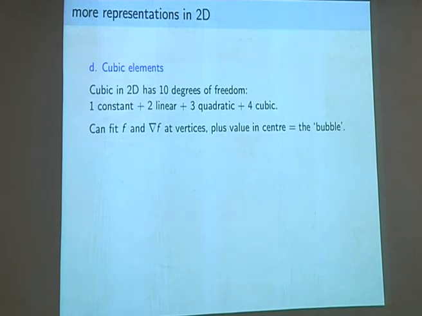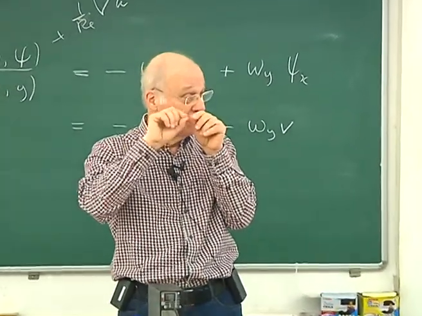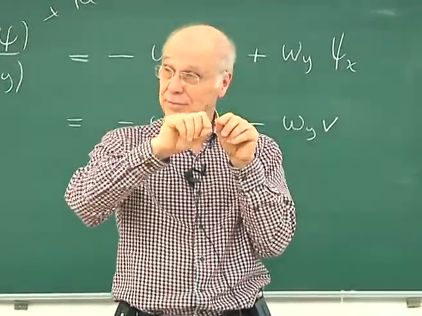Now, if you use this as a representation, because we're getting the right values and the right derivatives at each of the vertices, it means that if we use the same values and derivatives for the next triangle, the function is continuous along the join, and the tangential derivative is continuous.